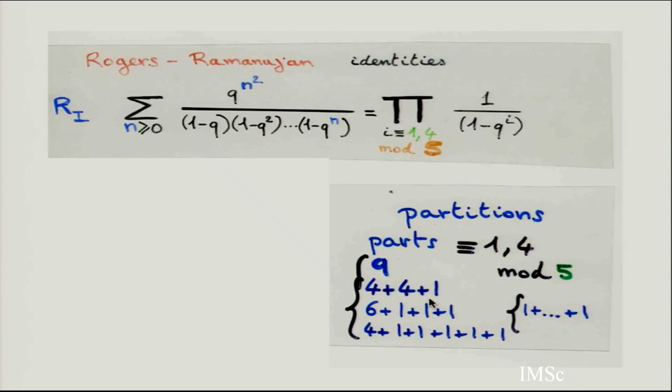This is an example with n equal 9. The coefficient of q power 9 here is the number of partitions with parts equal to 1 and 4 modulo 5. So if n equal 9, I have 5 partitions: 9, 4 plus 1, etc. This is all the partitions of 9 with parts equal to 1, 4, 6, 9, 11, that is 1 and 4 modulo 5.